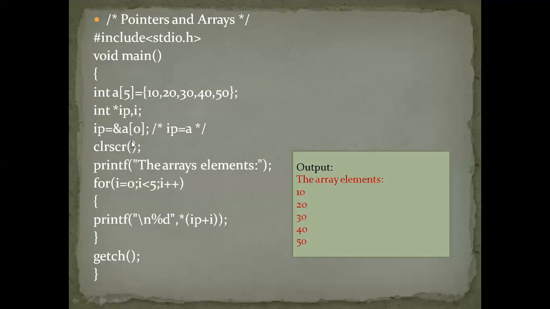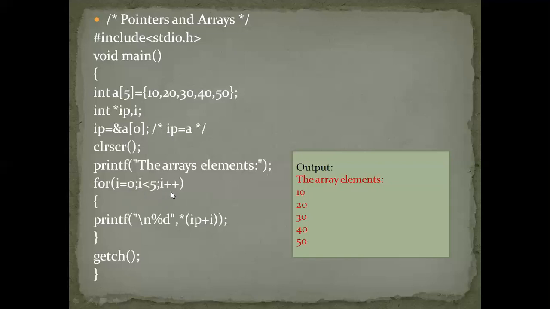After this, to display the array elements, I'm using the for loop. Why am I using the for loop? Because I'm supposed to display the 5 elements, right? Initially the i value is equal to 0, because array index always starts from 0. i less than 5 means it should go till 4. So 0 to 4, isn't it?